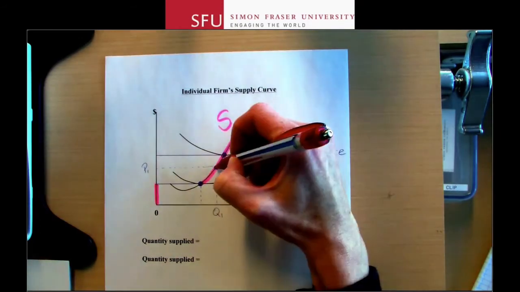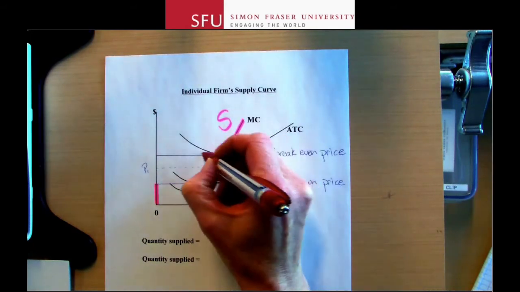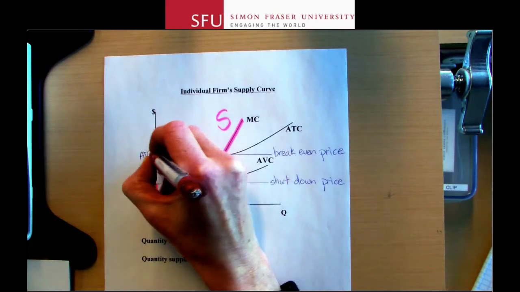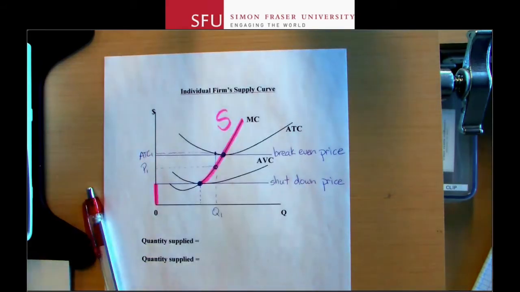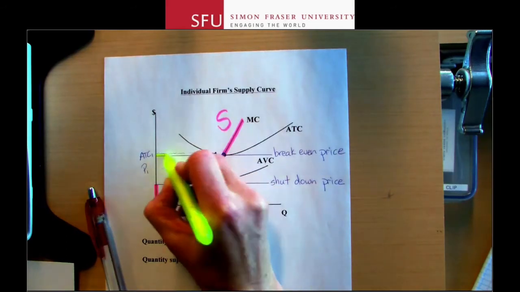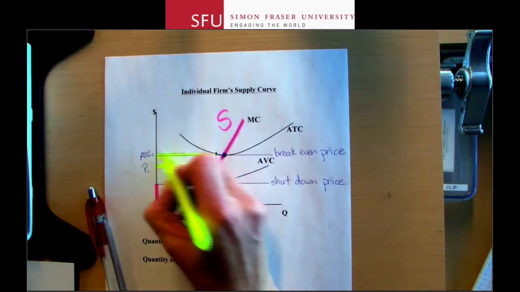But at that point, their average cost is up here. I'll label that ATC1. So in that example, they would lose money, and the loss would be the difference between the average cost and the price. So this would be their loss of money.